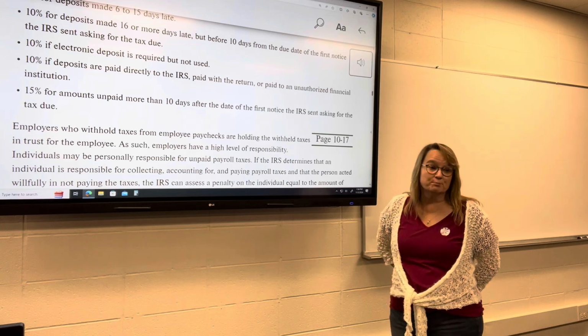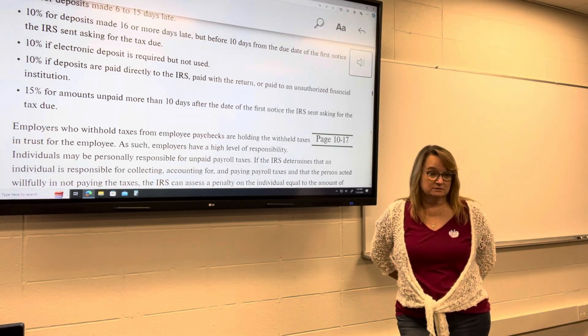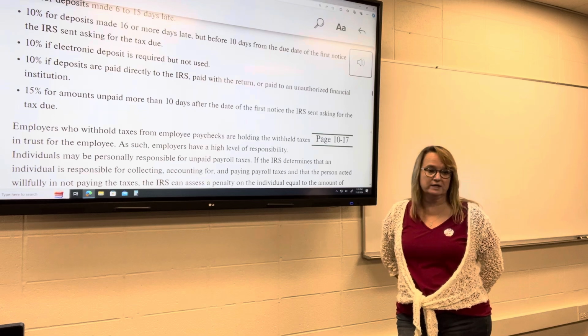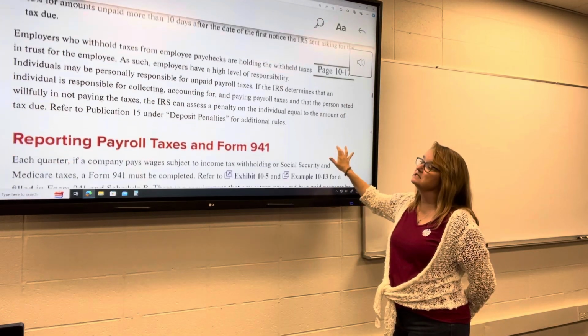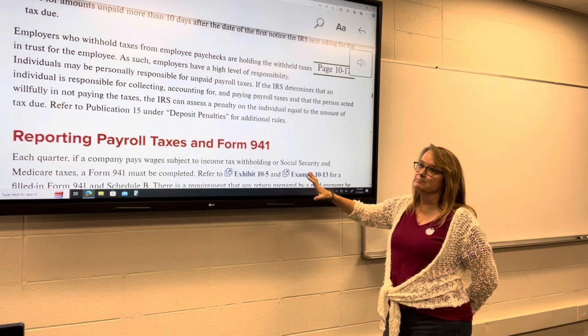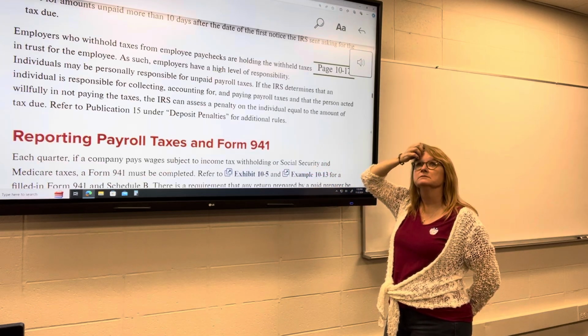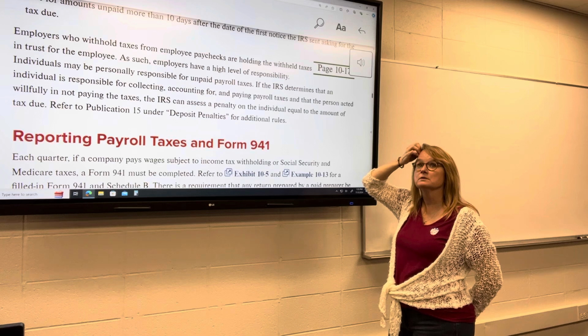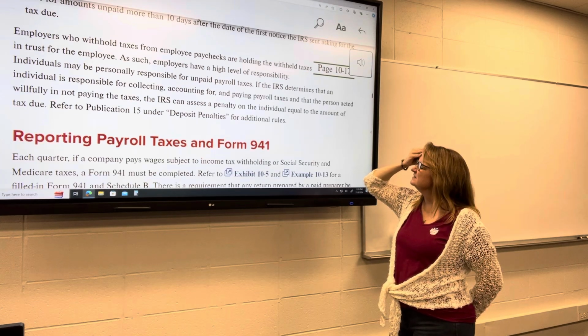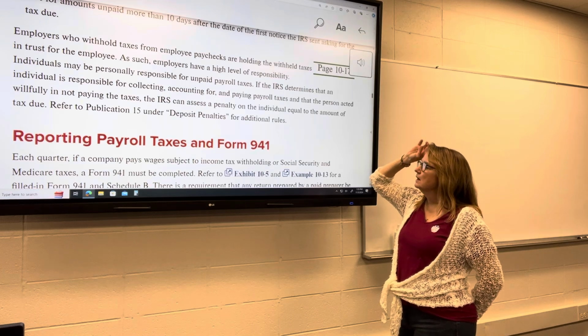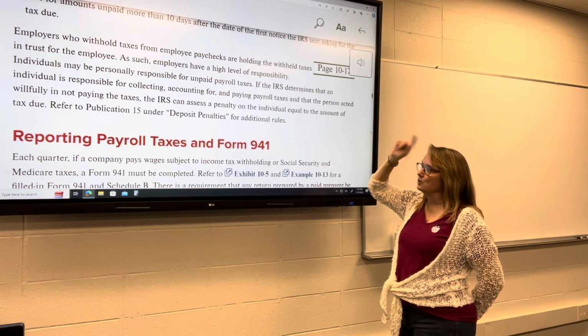So usually they're pretty on the ball with sending out notices. Like when it's due, they usually are pretty quick about getting those notices out. At least in my experience. I haven't done payroll for, what year is this, 2024? It's probably been 7 years or so. They were on the ball then.